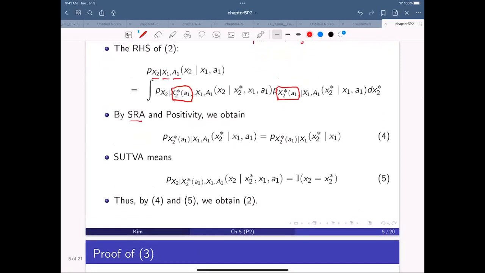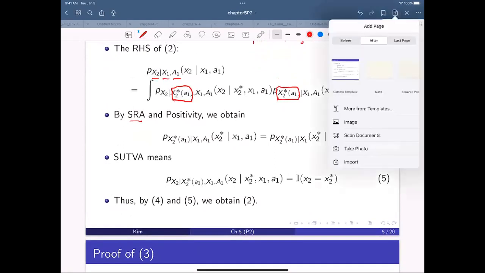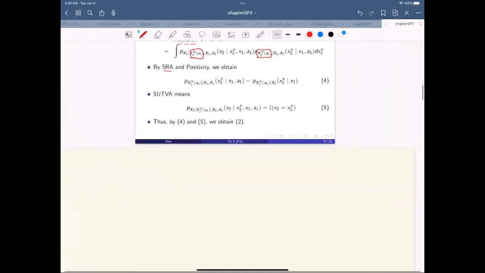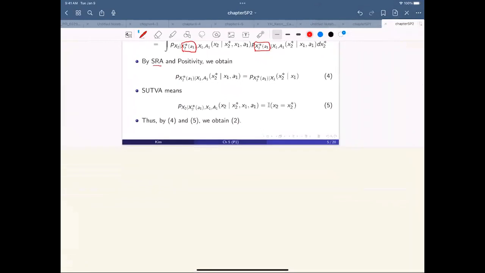SRA is basically that x2 star a1 is independent of a1 given x1.